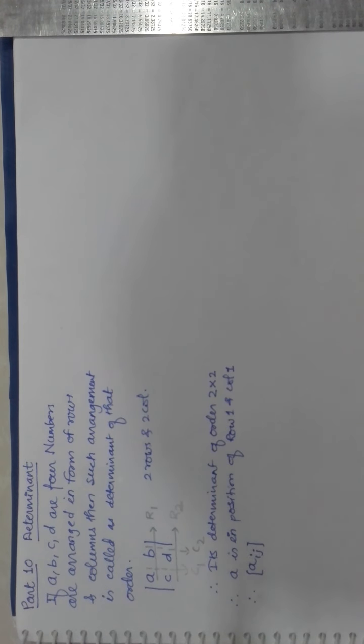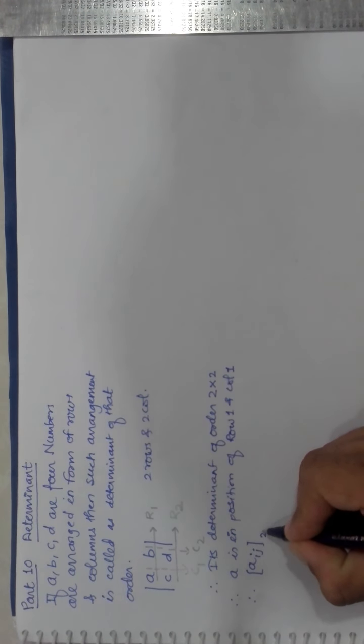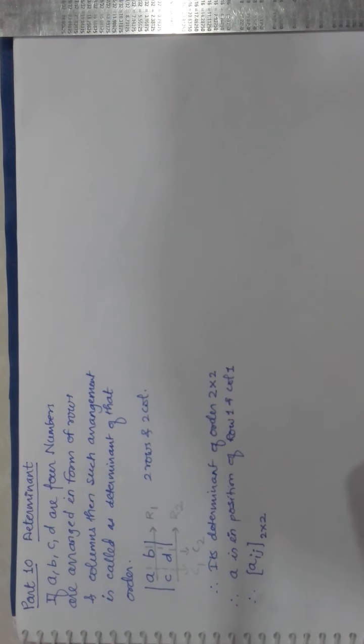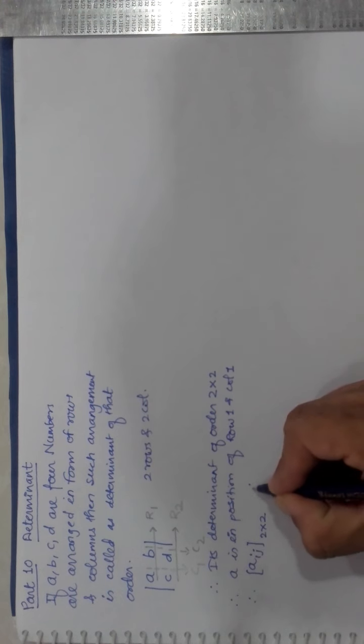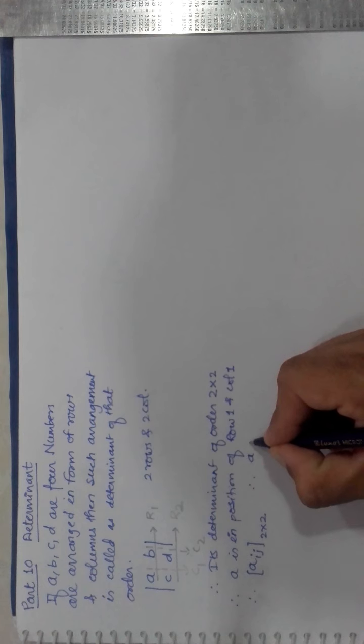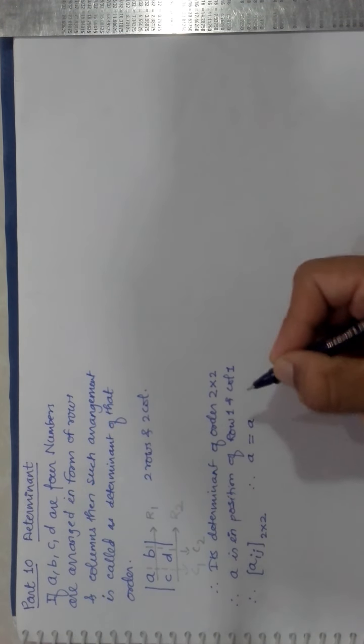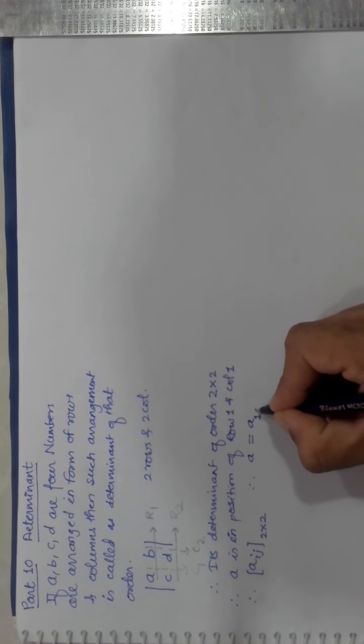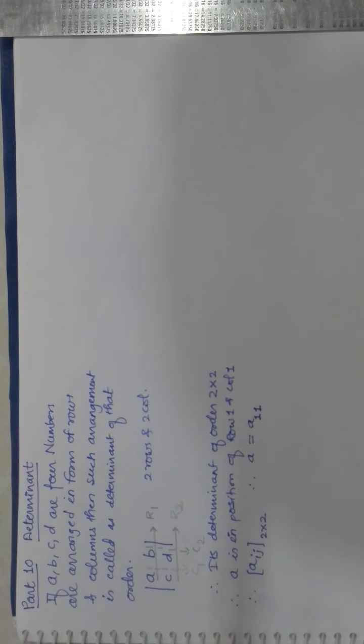So Aij is of order 2 by 2. So when I say A, therefore A has its position as row number 1 and column number 1. So A11 indicates the position of A, indicating that it is on row number 1 and column number 1.